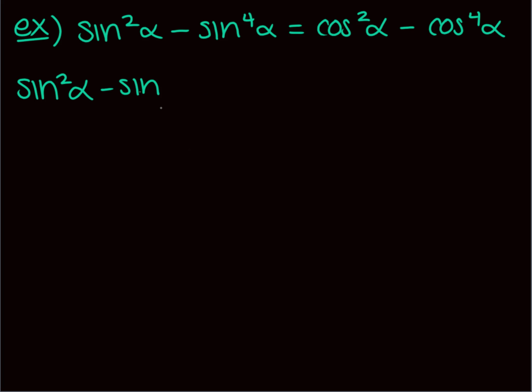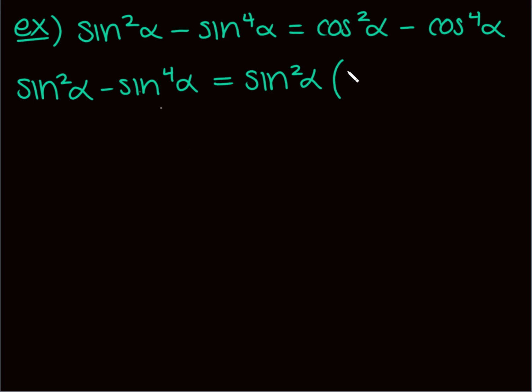What I could do right now is get everything in terms of cosine. But before I do that, I notice that these two terms share a common factor. And what is that common factor? That common factor is sine squared. So I'm going to take out a sine squared, because I know that I can rewrite sine squared with a cosine squared.